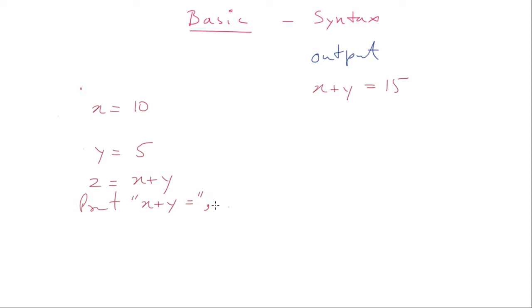This one I guess will take a comma Z. Z is X plus Y, right? If there was no Z defined, you could write X plus Y fully over here and it will give the output 15. Get the point? But since Z is defined, easy for us, we'll write Z. This will be the output.